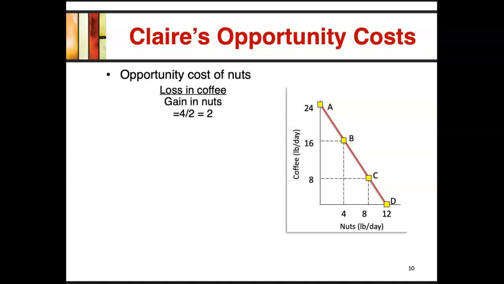To do that, we use a really simple formula, which you can easily remember: the loss in coffee divided by the gains in nuts.